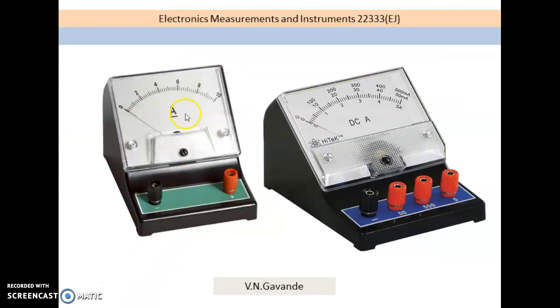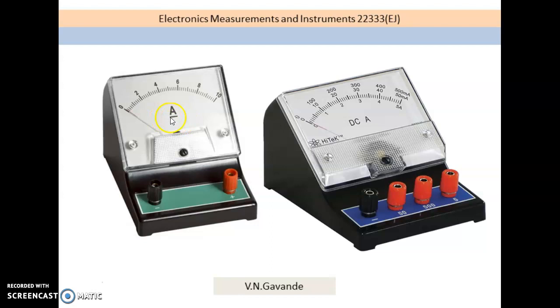Now you can see on the screen two meters. This is a DC ammeter. How do we recognize whether it is a DC ammeter or not?